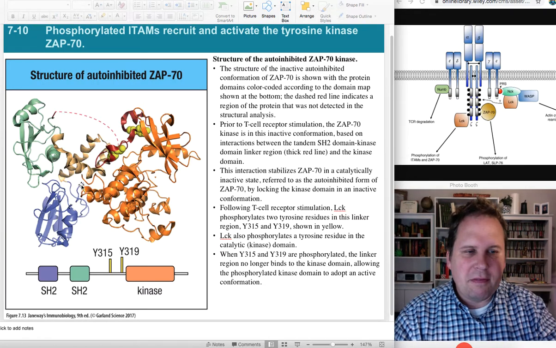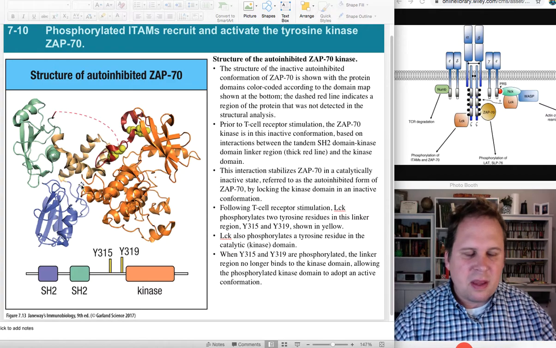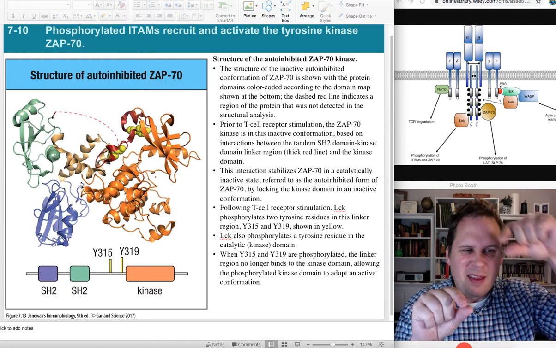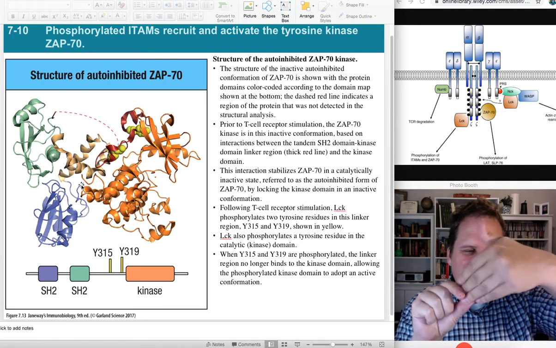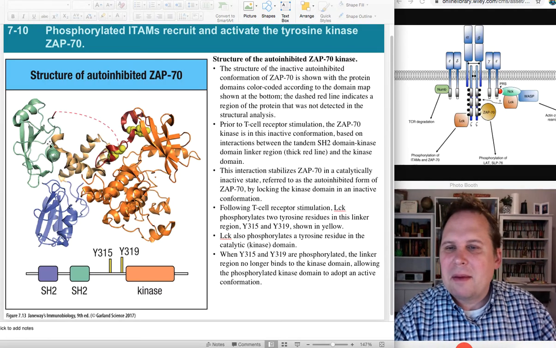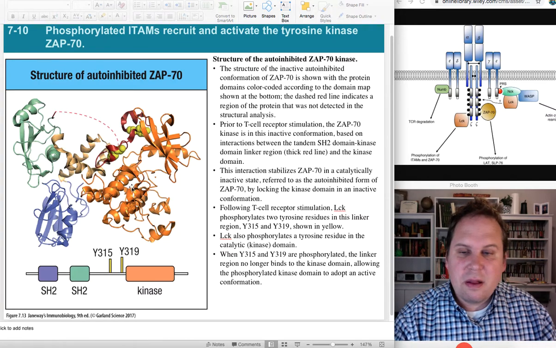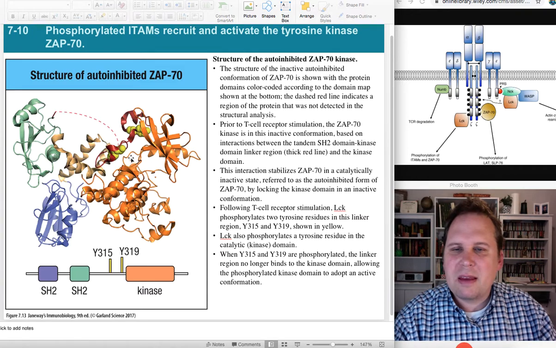Bits that are a little bit floppy are not shown, just because you can't tell exactly where they are. You can tell roughly that it connects here and here, but it could flop around a little bit in between.